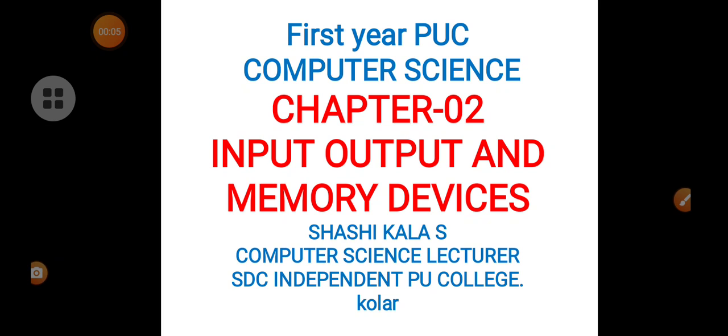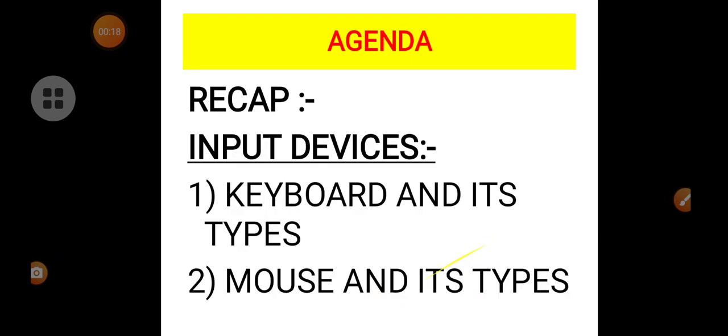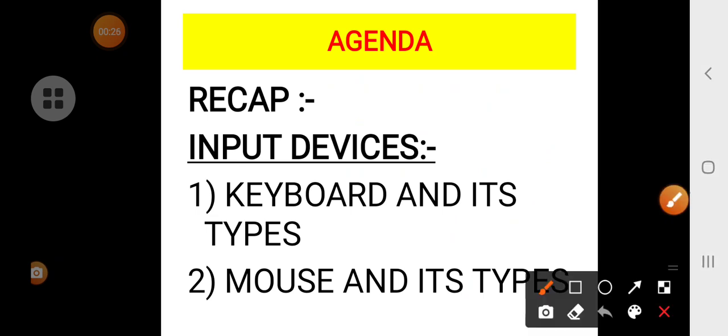In this session, I am going to continue part 2 of chapter 2, input, output and memory devices. Okay, students. In the last class, we discussed some of the input devices such as keyboard and mouse. We discussed the keyboard, the basic input device, which has many keys like alphabetical keys.